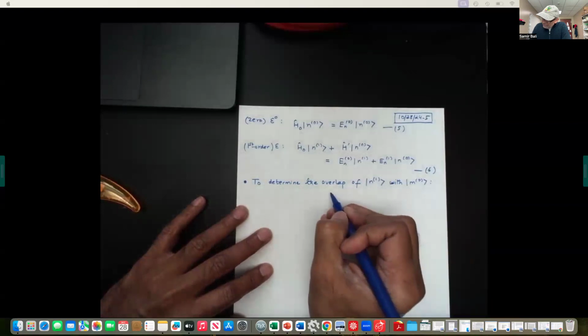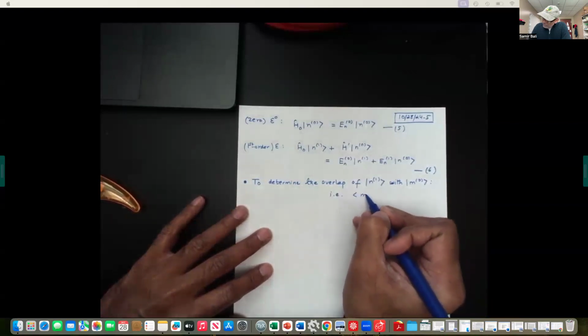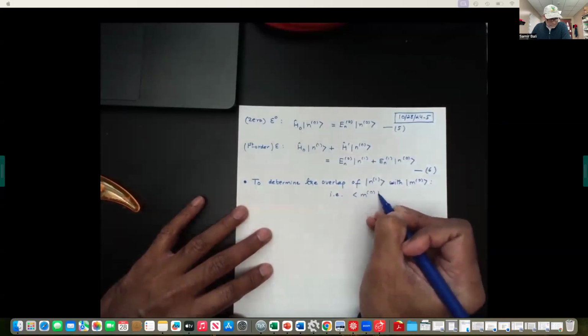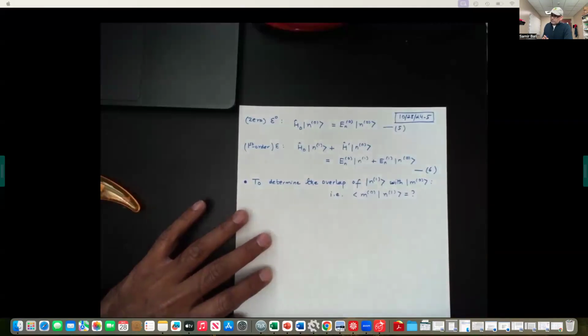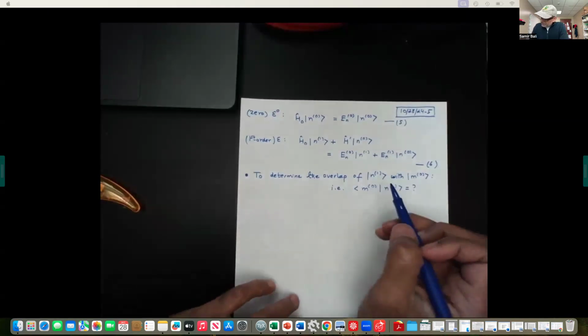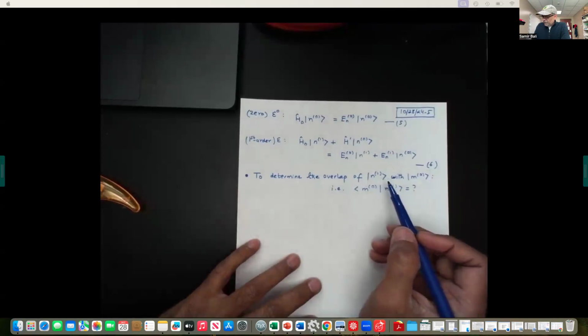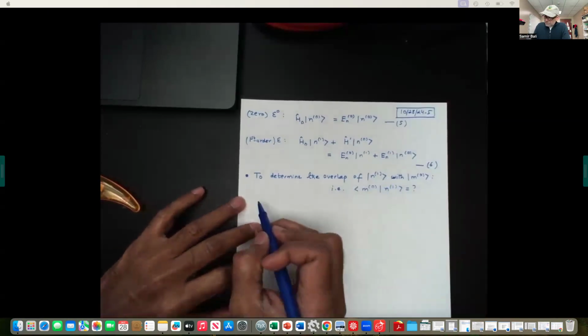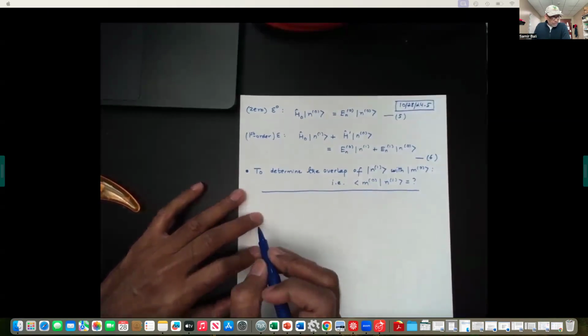And what does overlap mean? The overlap could be written as the outer product. Did I say outer product? I meant inner product, the scalar product. And I'll need to know that. So I need to determine this overlap.